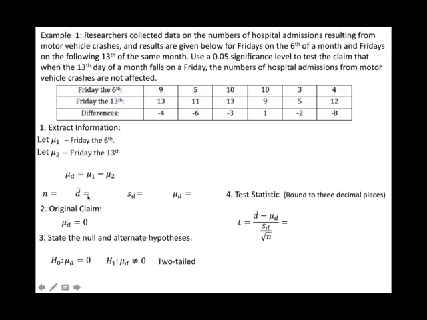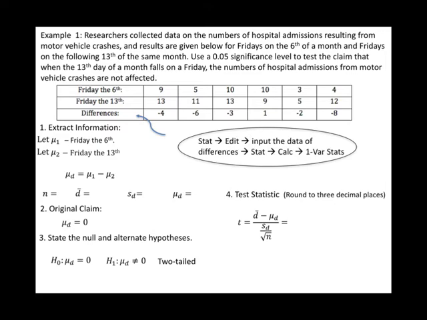The sample mean of the difference, you guys can use your calculator to find the sample mean and also the sample standard deviation. So remember that is from the chapter 3 material. Go to the stat, go to edit. You're gonna input the data of the difference. Only input this data to your L1.